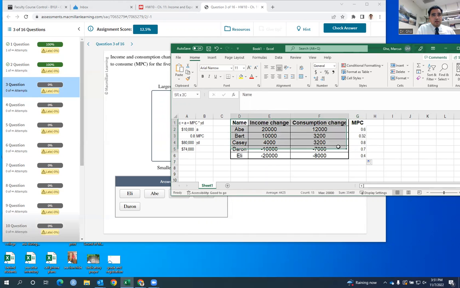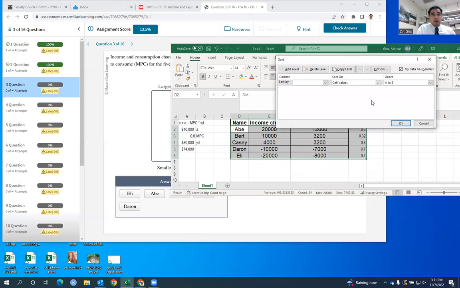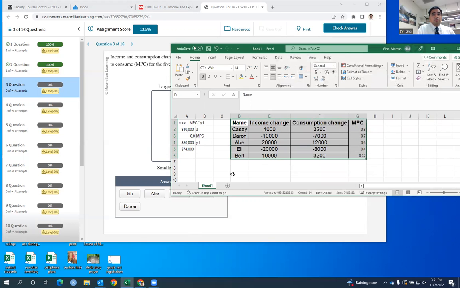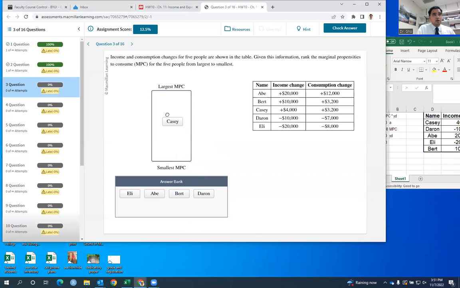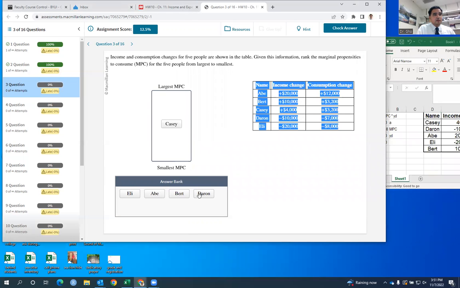And the easiest way to sort these is let Excel do the work for me. You can do it however you want. You can put a number next to it. We're going largest to smallest. All right, so Casey has the first one. Darren is next. Abe, Eli, and Bert.